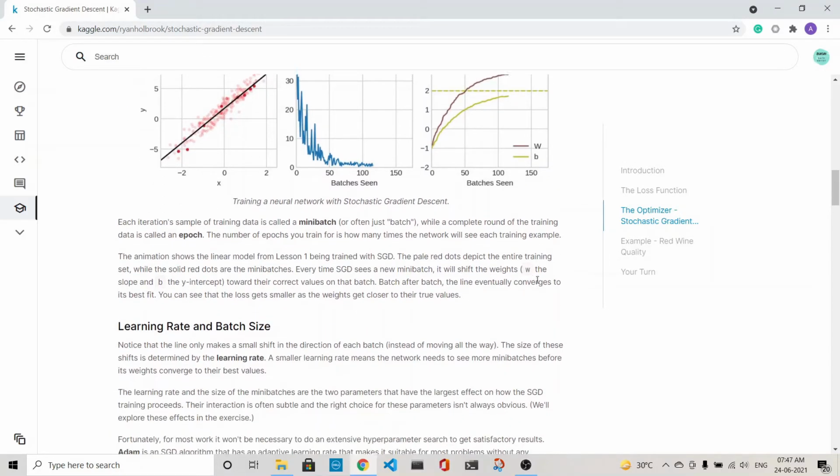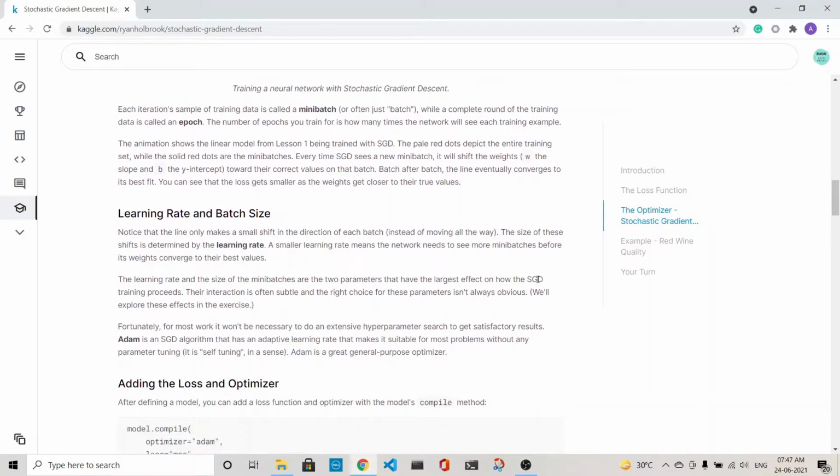Now, while you train the model, one very important factor is the batch size and the learning rate. The batch size is the size of the sample of the training data that you are using in training. That is number one. Another is the learning rate.